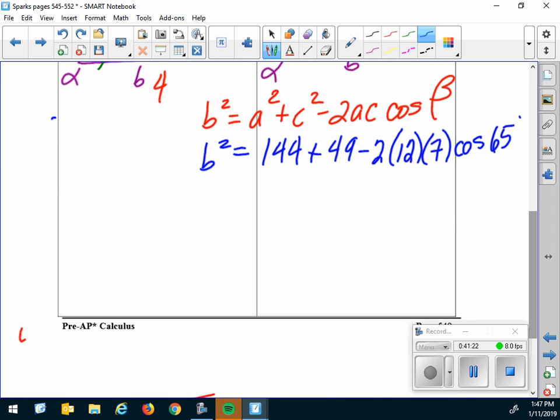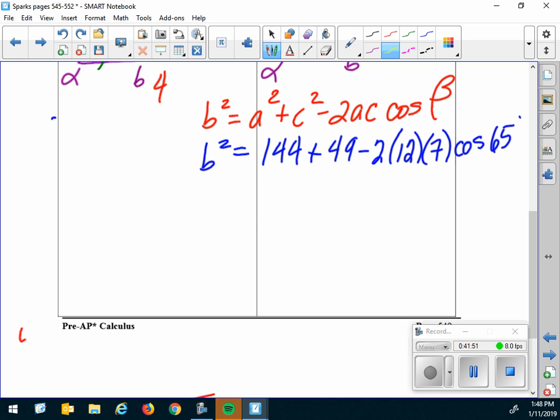Now here's the deal. Somebody in one of the other classes did this and then took that answer and multiplied it by cosine 65 degrees. Why did they get it wrong? That's right. The cosine of 65 is only being multiplied by this piece. Now that's B squared, right?